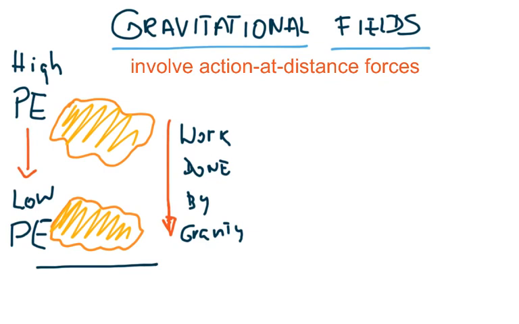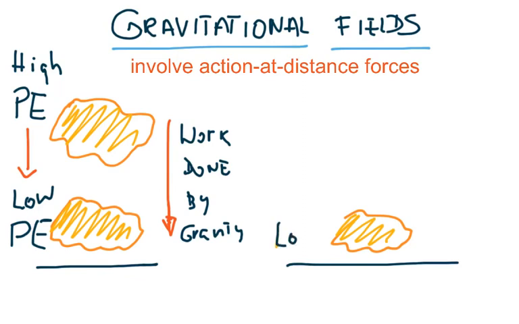The other case we will talk about is a little bit different. It's the other way around. We have a stone right here that is right off the ground, and of course it has low potential energy. In order to bring it up, we have to work against nature, because normally nature will bring the stone down to the ground, but to raise the stone higher, we need to work against nature.